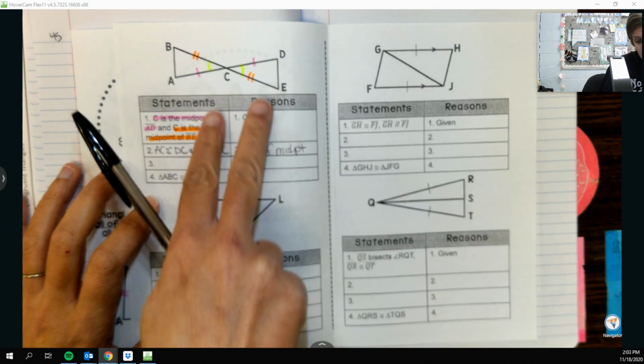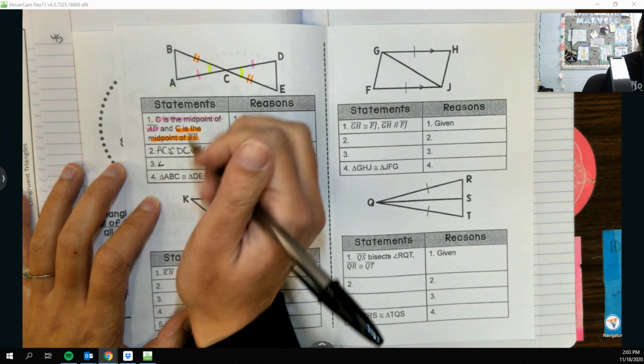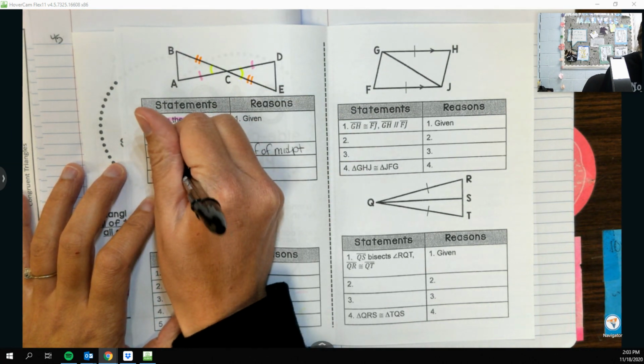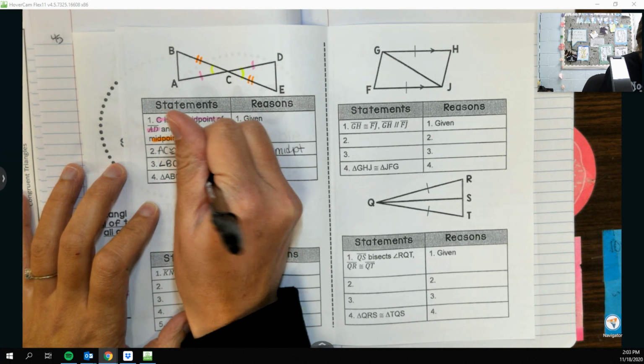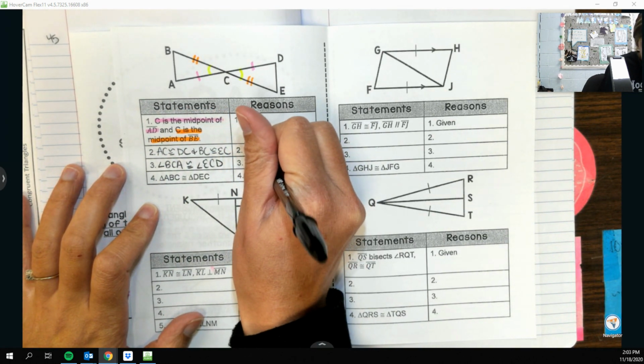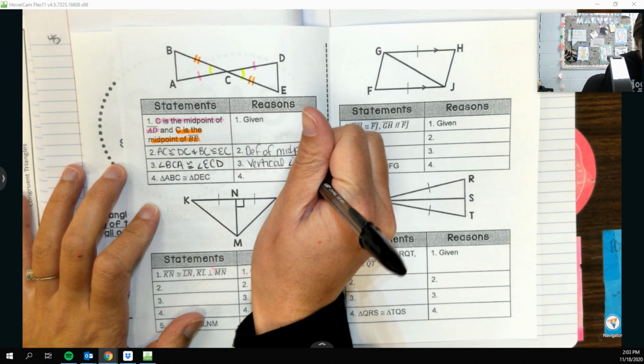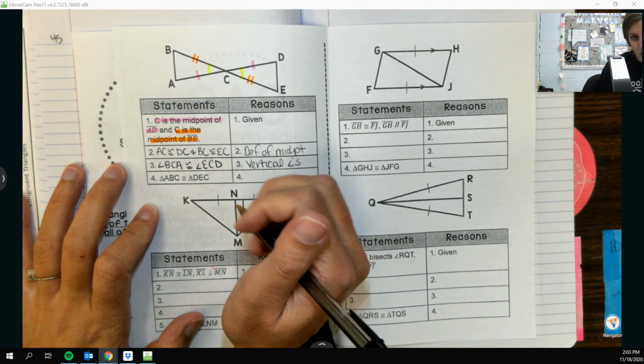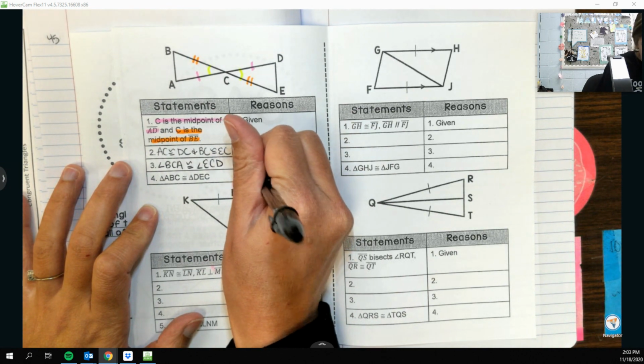Then I had to mark up in my picture that I had some vertical angles. So angle BCA is congruent to angle ECD because they were vertical angles. And then I can say that the triangles are congruent by side angle side.